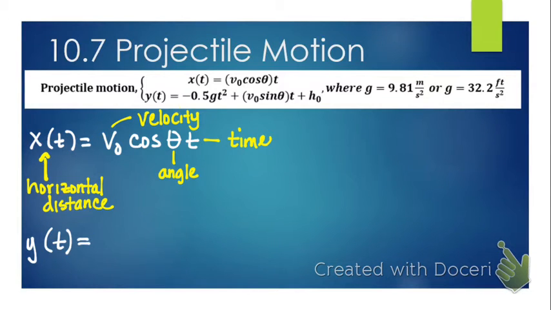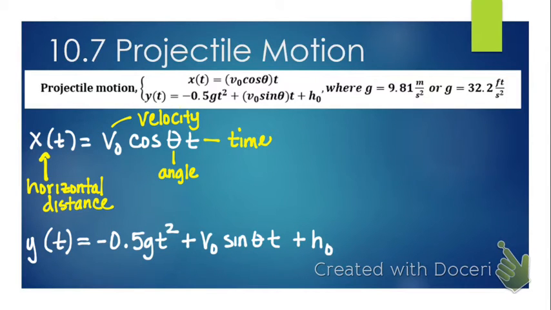So the second equation, y of t, so you have negative 0.5 g t squared. I'm just, again, rewriting it. So this is a vertical distance.